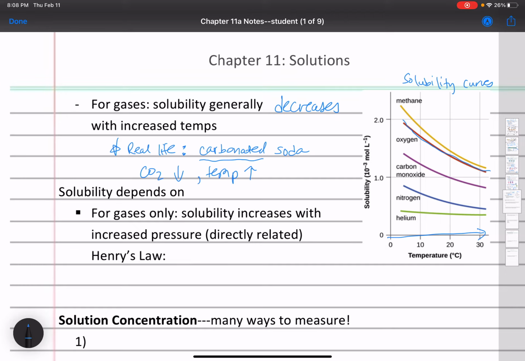So another thing for gases specifically, the solubility of a gas also depends on pressure. Pressure pushing down on a gas essentially pushes it into the liquid. And this is, again, thinking of carbonated beverages, how they are made. They are made by basically injecting pressurized carbon dioxide into them.